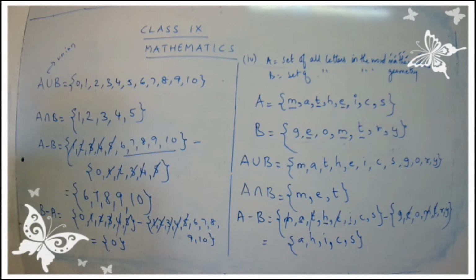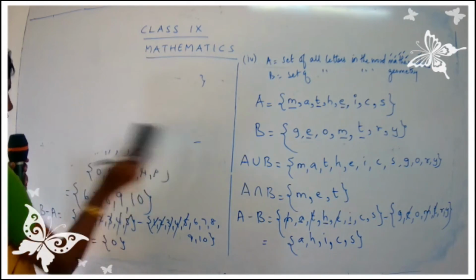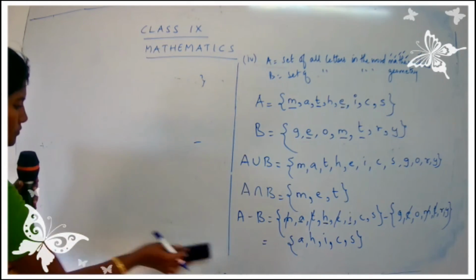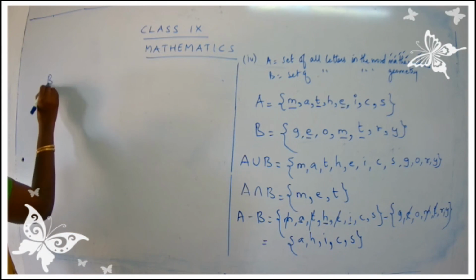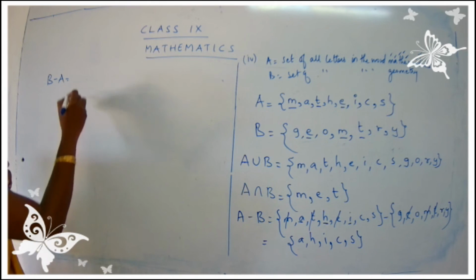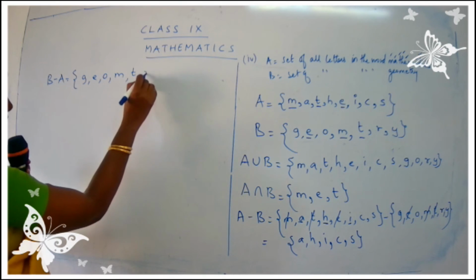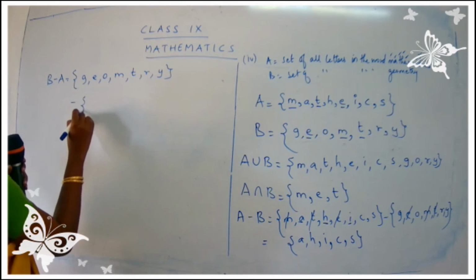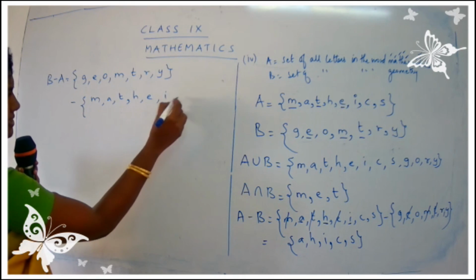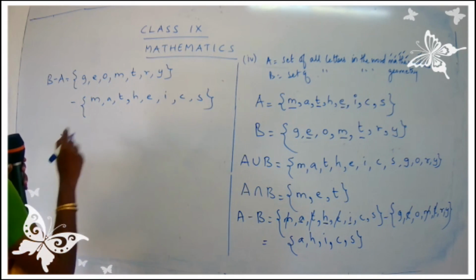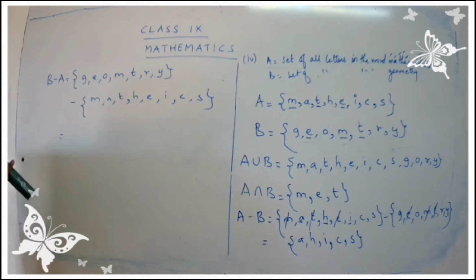Okay, complete the last part. You are going to do the last part, children. Come on, do it. So B minus A. B is G, E, O, M, T, R, Y, minus M, A, T, H, E, I, C, S. So you have to just cancel the common part, and whatever is left of B, you have to write that as the answer. Do it, children.